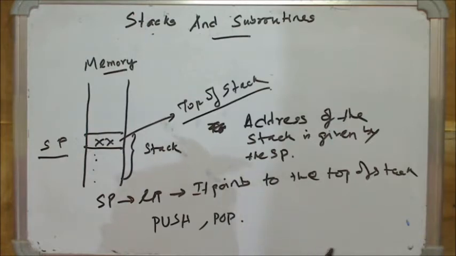Push a new element, it will come at the top of the stack. Pop an element, it comes from the top of the stack. Hence, SP contains the address of the top of the stack.